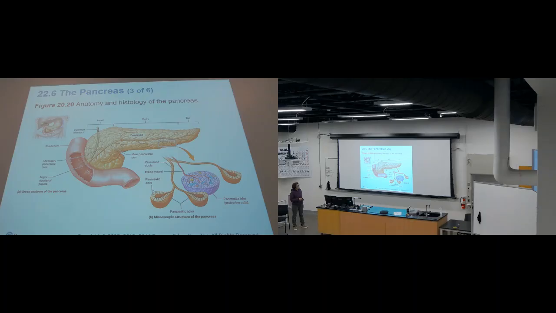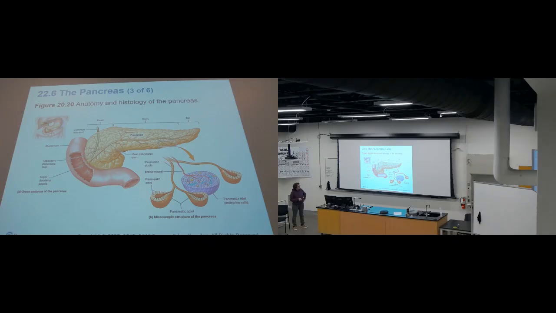So the pancreas has a long duct that is called the main pancreatic duct. In this main pancreatic duct, you carry the enzymes into the second part of the duodenum, where this duct empties in the major duodenal papilla, or sphincter of Oddi.